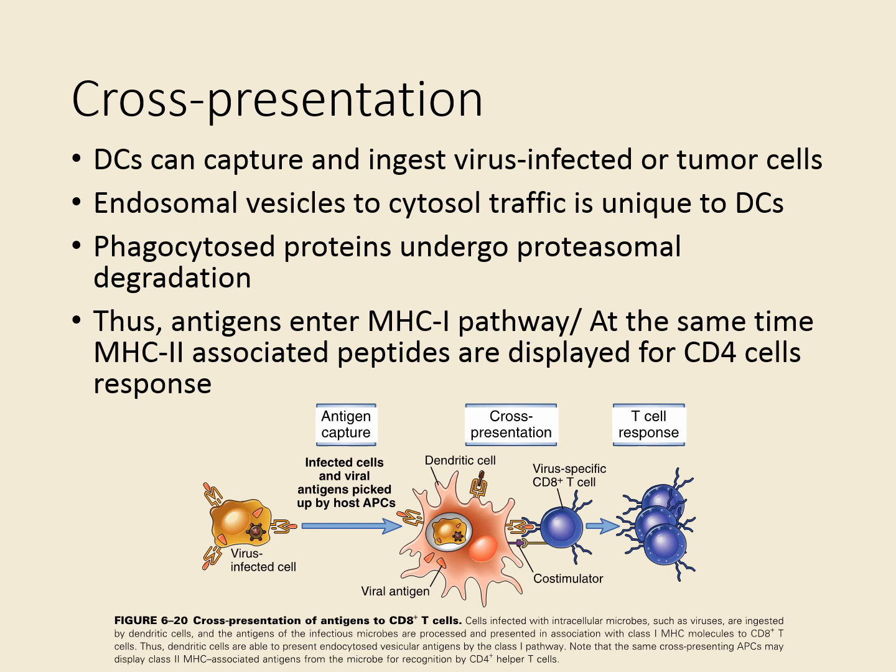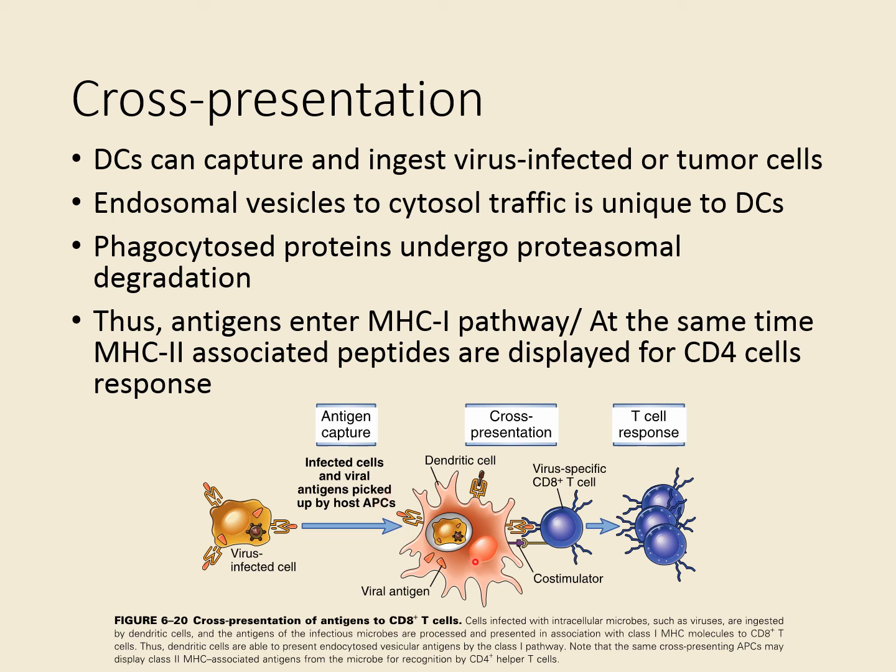The third type of pathway by which an antigen can be presented and displayed by an MHC molecule is called cross presentation. In cross presentation, the antigen is extracellular in origin, but it is released directly into the cytosol, so it is displayed by MHC class 1 molecule. An example is the case in which a dendritic cell captures virus infected cells or tumor cells, and these endosomal vesicles are then transported to the cytosol by a unique traffic known to dendritic cells.